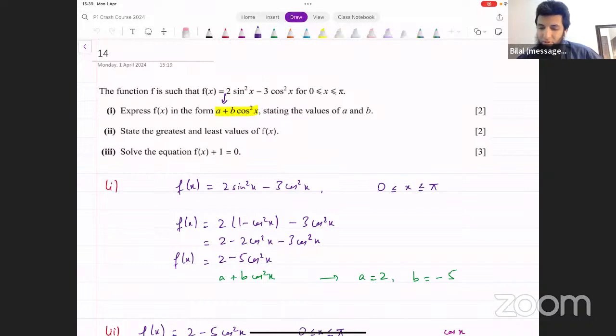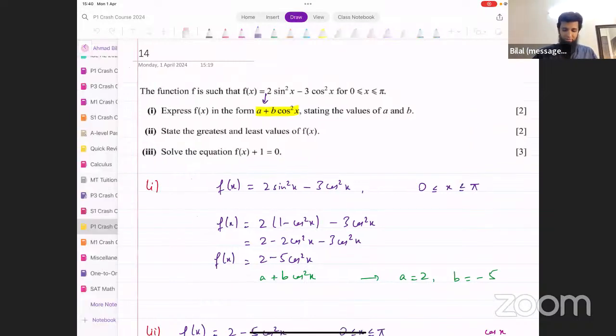Question number 14, we are done with that. Okay, let's actually do another very similar question to this.